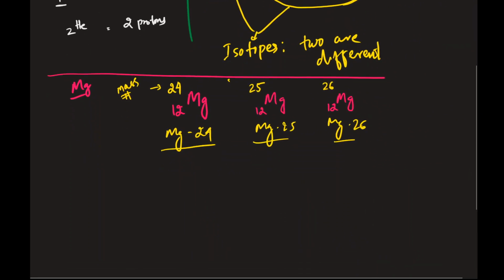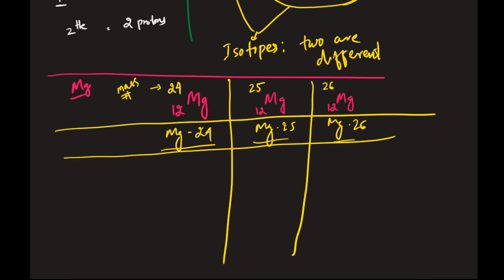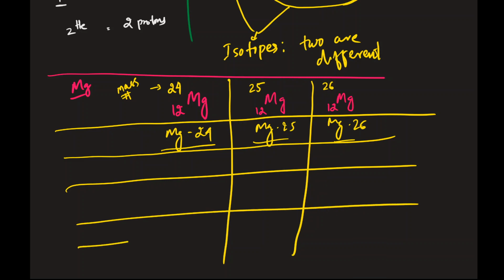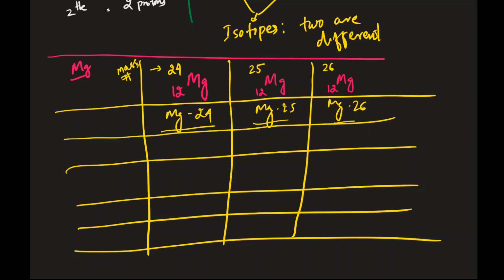Okay, right now let's do a quick table and some calculations. First one, number of protons. How can we find out the number of protons? Looking at the 12, the atomic number is the number of protons. So everybody is going to have 12. It stays the same.